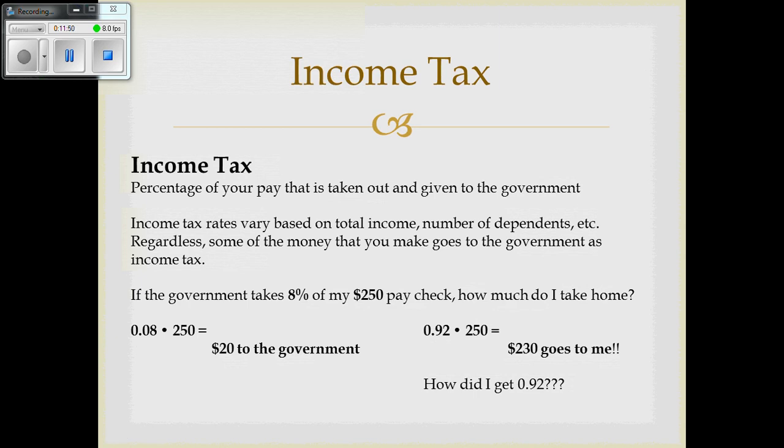If I multiply that decimal by $250, I will get the amount that goes to me, $230. I could also get that just by subtracting the amount that goes to the government out of the 250 total. Either way, $20 will go to the government and $230 will go to me if the income tax rate is 8%.